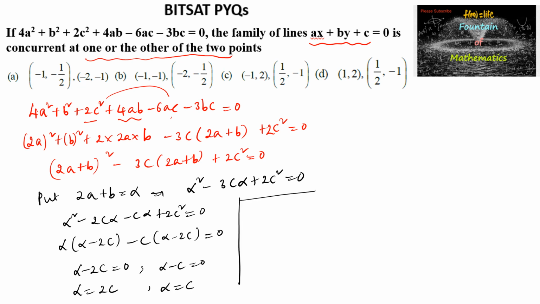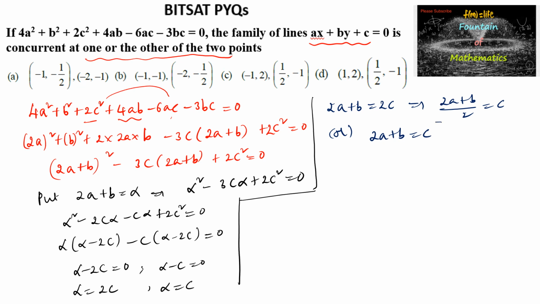And coming back here, what is alpha? Alpha is 2a plus b, so we can write 2a plus b is equal to 2c, or 2a plus b upon 2 is equal to c, or we can say 2a plus b is equal to c.